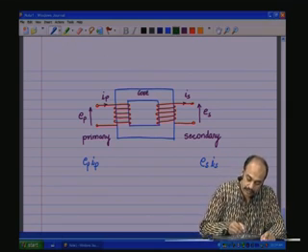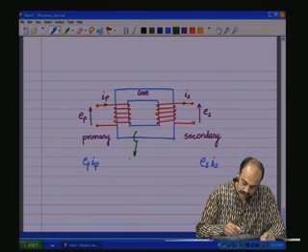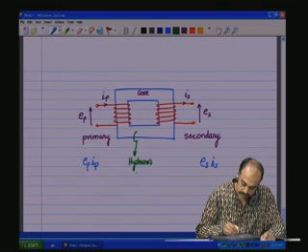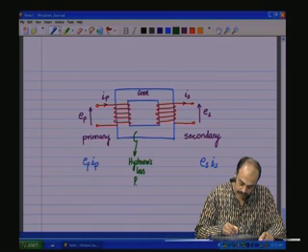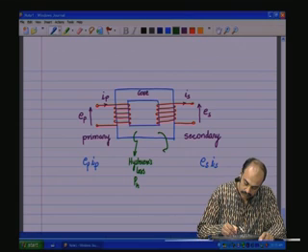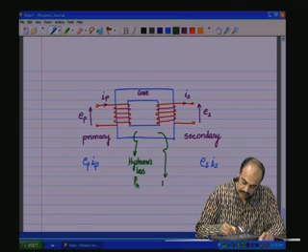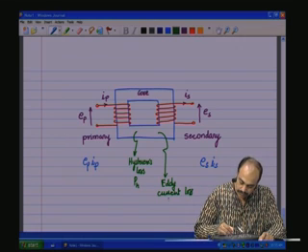But in between, inside the core, there is the hysteresis loss PH and the eddy current loss PE.